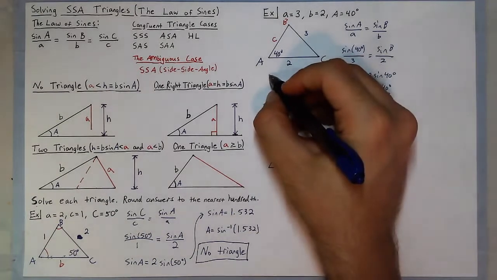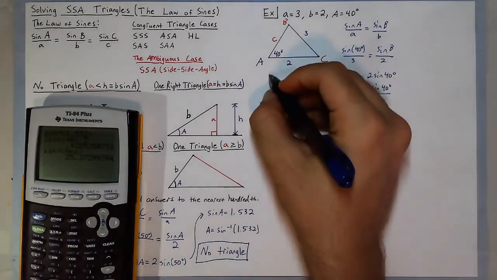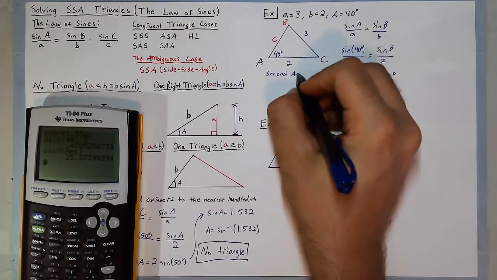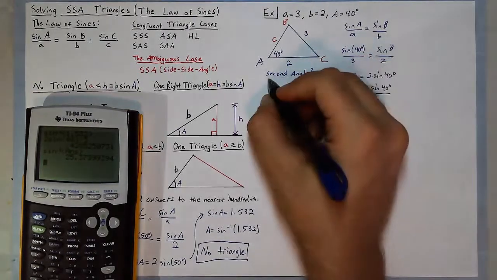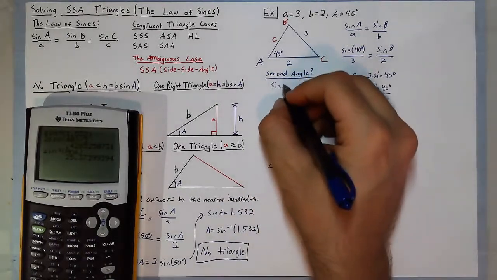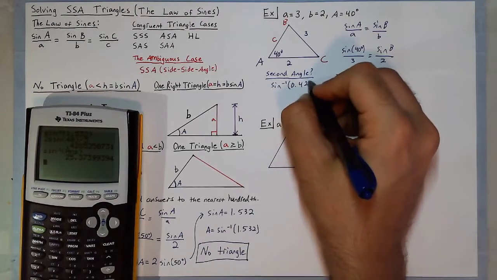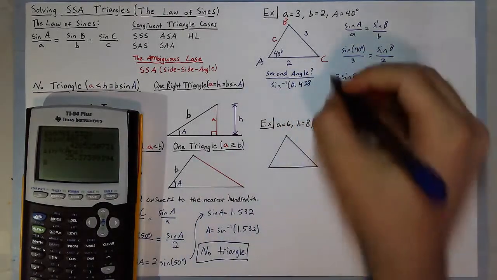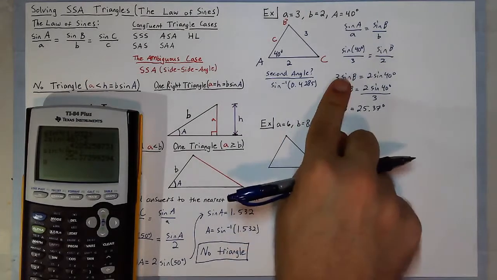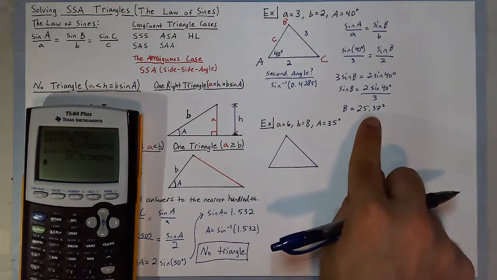Whenever you took the sine inverse, I'm going to put second angle with a question mark. Whenever you took the sine inverse of 0.425, sine is positive in the first and the second quadrant. The inverse function will only give you the angle in the first quadrant.